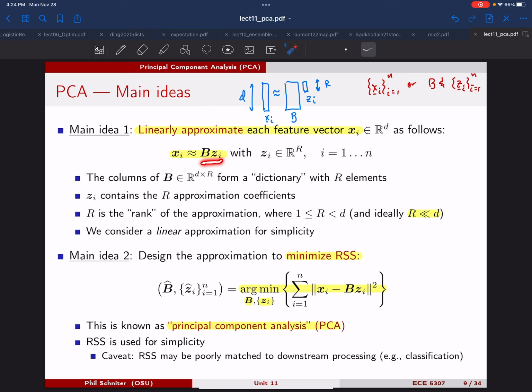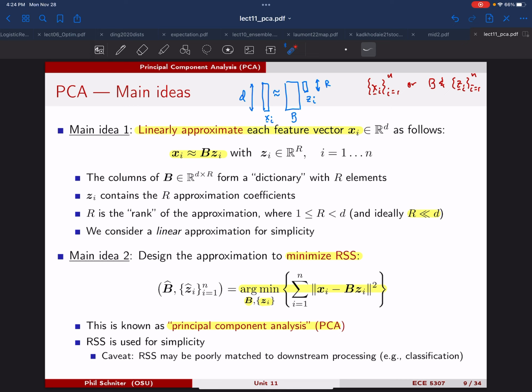If you then use these approximations downstream, you can expect things to get worse. So for example, if we're doing PCA to compress our features and then we use our features to do something like classification, you can expect that the classification will be worse. Maybe not much worse, but it should be a little bit worse.